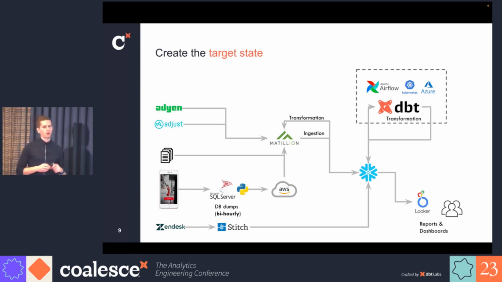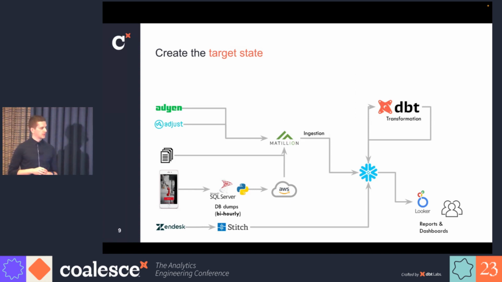Because we were more comfortable using SQL as a transformation language, we just decided to consolidate everything into DBT. That just makes sense. And we had documentation embedded in the product, the same for data testing and a lot of other features. So it just made sense to consolidate everything into DBT.